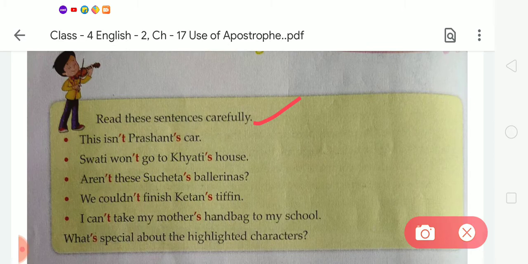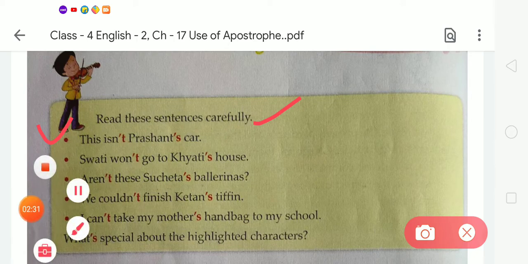In the first sentence: This isn't Prashant's car. Student, you can see there are two apostrophes in this sentence. First is isn't. It is the contraction of is not.